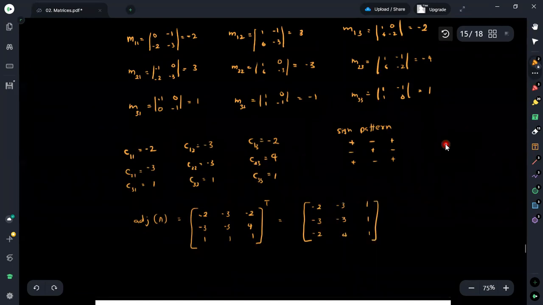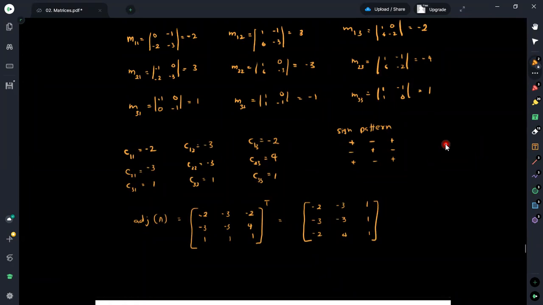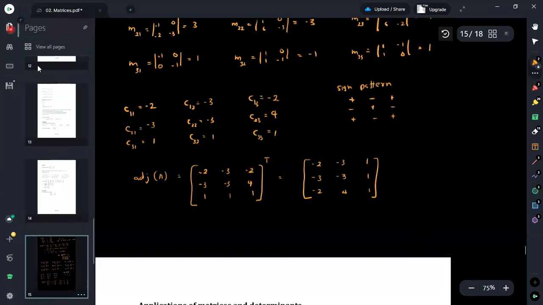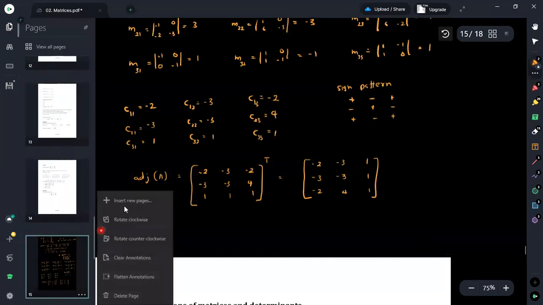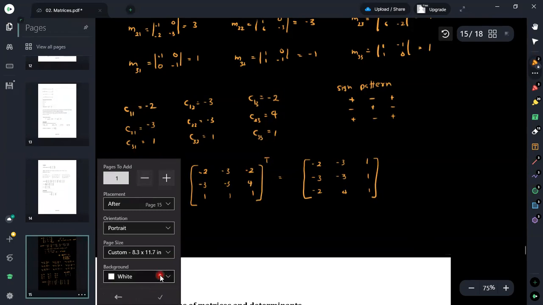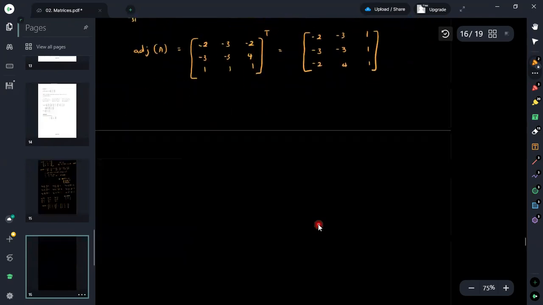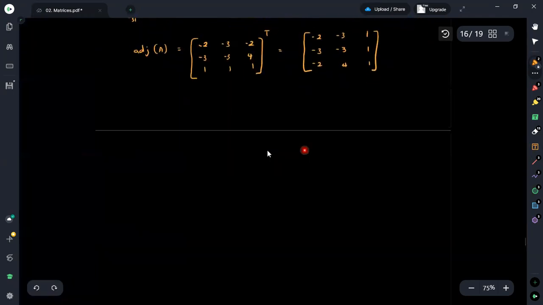Here we are getting the adjoint of this matrix, and to get the inverse of the matrix, we can obtain it using what we have learned previously.